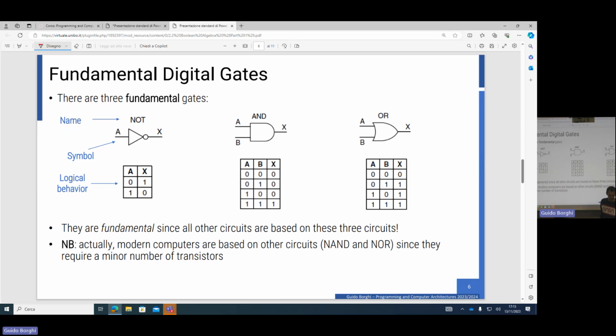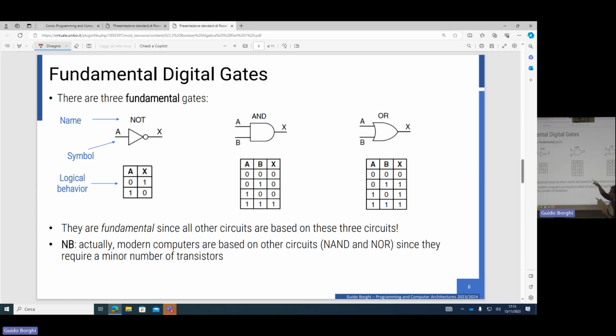As I mentioned before, the positive element is that we have only 3 fundamental gates. We can use these 3 elements to create all the other digital circuits. So in our computer, there are only 3 fundamental gates, and the first one is the NOT gate.